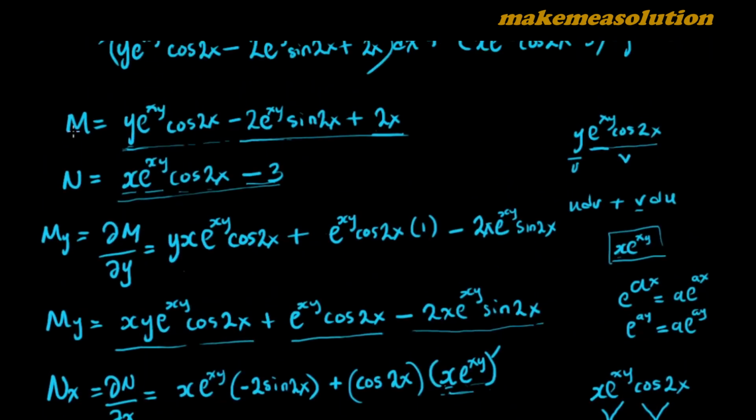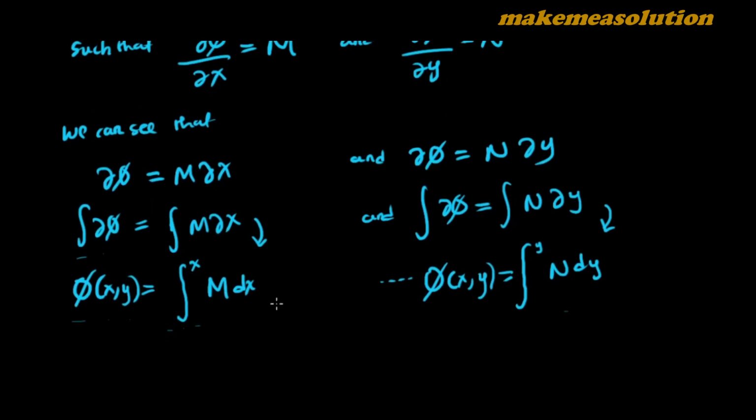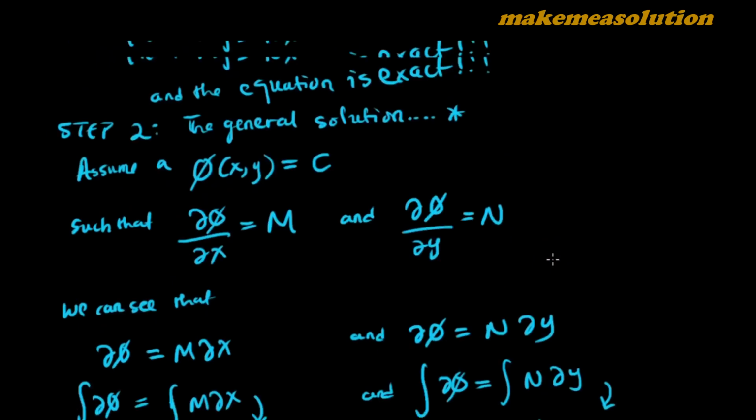Now look at our M and look at our N over here. So you can discover that for N, which we are going to integrate with respect to y, let me put it like this: we have lesser difficulty if we take the integration from N than if we take it from M. So in M, you're integrating partially with respect to x, but for N, you're integrating partially with respect to y.